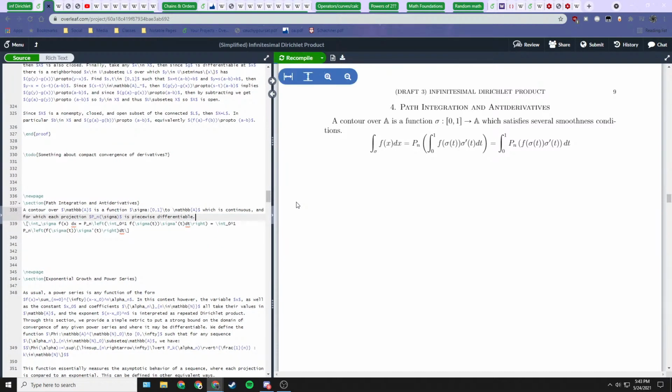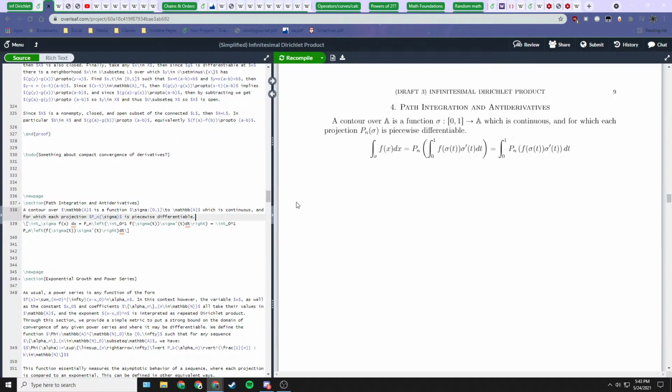So this is sort of a piecewise differentiable curve. This is, I believe, how a complex contour is defined.